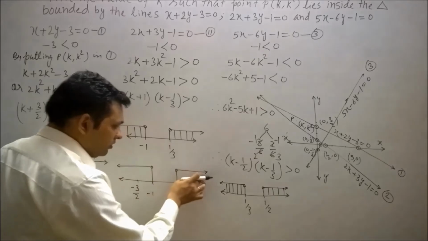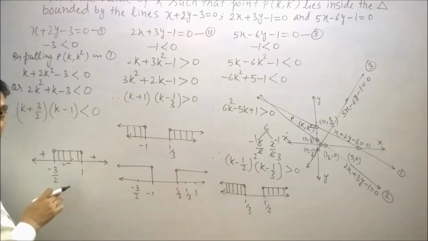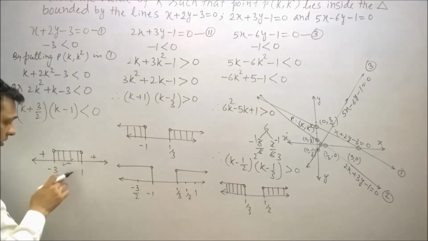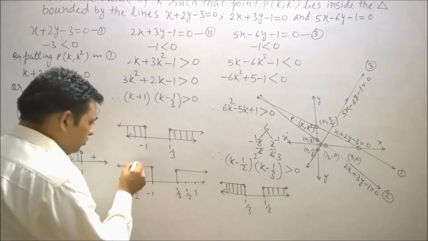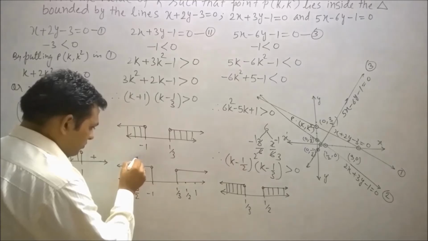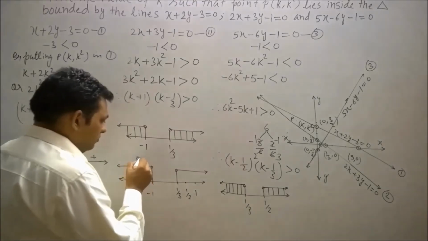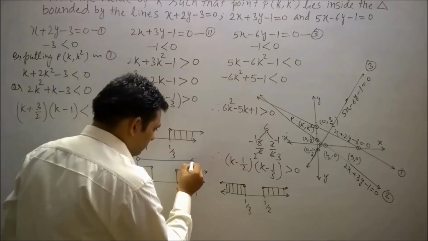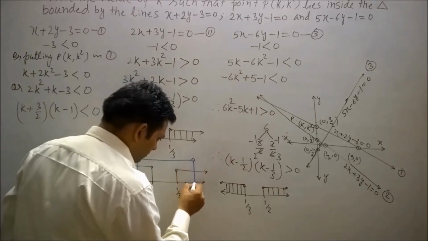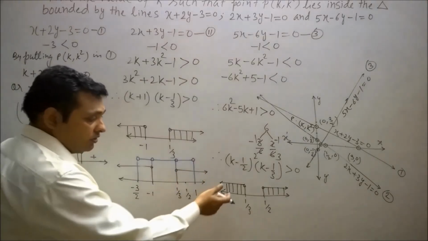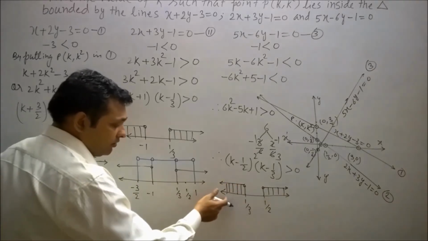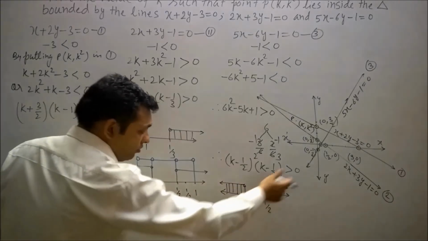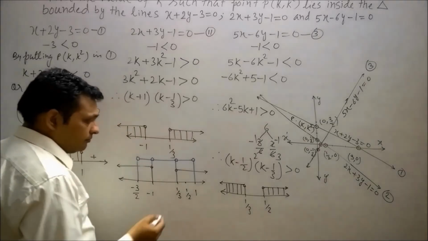Here the solution set of this inequality lies between minus 3 upon 2 to 1. And the solution set of this inequality is minus infinity to 1 upon 3 union 1 upon 2 to infinity.